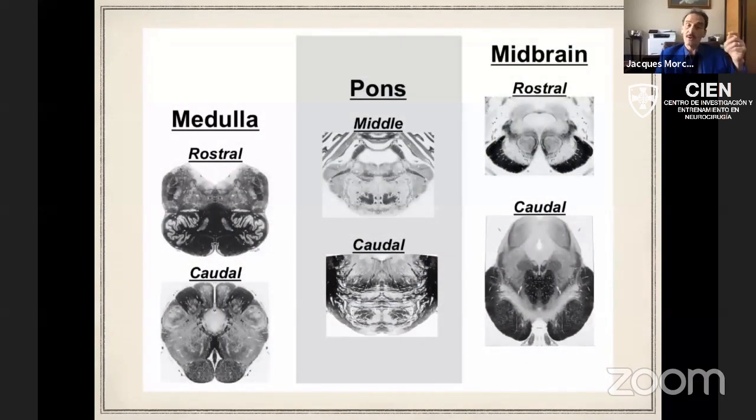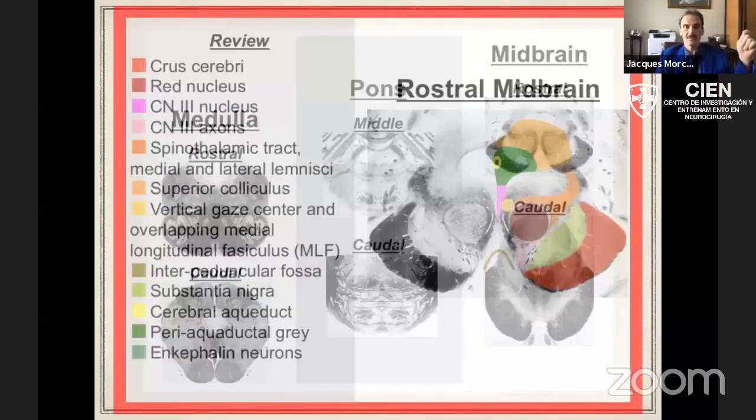So let's talk about rostral and caudal in each of those, medulla, pons, and midbrain. As you can see from these anatomical cross-sections, they have pretty classic appearances. No two of them are alike, and let's go over each one of them.